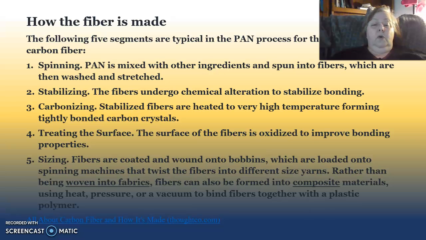Sizing. Fibers are coated and wound onto bobbins, which are loaded onto spinning machines that twist the fibers into different size yarns. Rather than being woven into fabrics, fibers can also be formed into composite materials using heat, pressure, or a vacuum to bind fibers together with a plastic polymer.